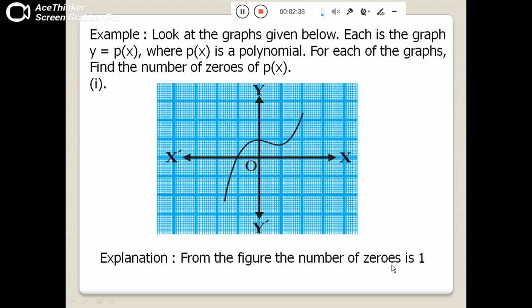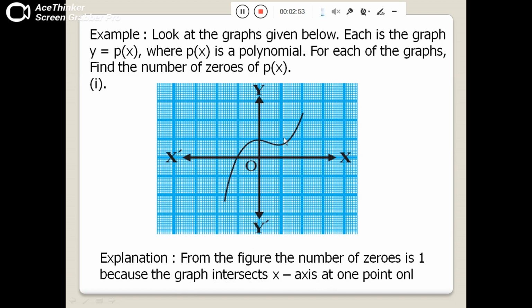Therefore, the number of zeros is 1 because the graph intersects the x-axis at one point. So the number of zeros depends on the graph.